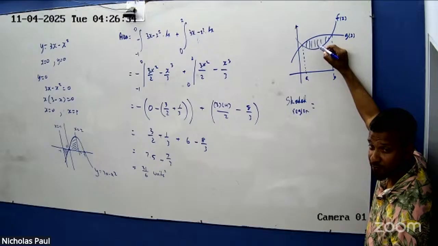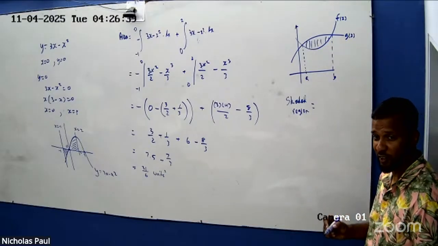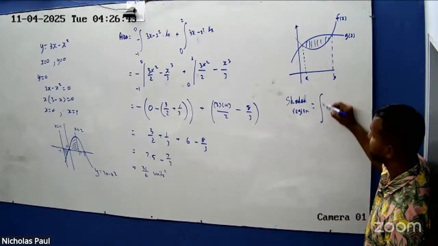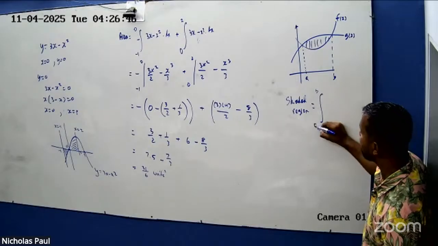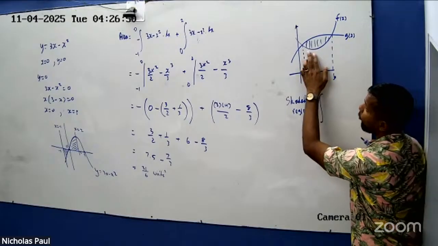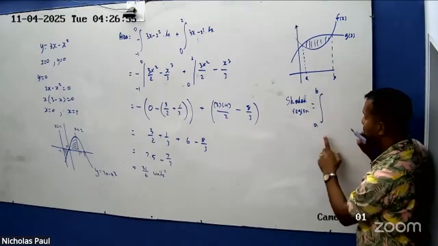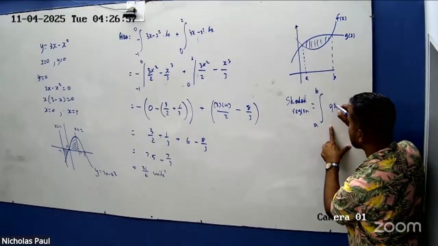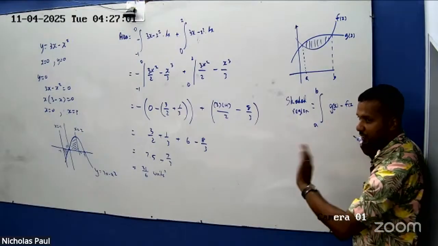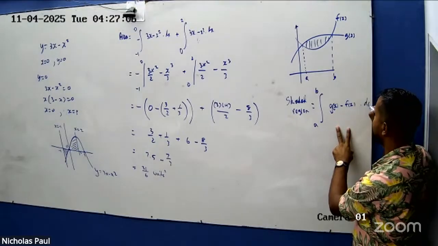You see it? Right. So what did you see earlier? You all prefer the shortcut instead of doing all that? Yes. So there's a shortcut. Once you figure out which one will give you the bigger area, in this case g will give you bigger, all you have to do is take g of x and f of x and minus them. Don't integrate it, just minus them, and then integrate it.